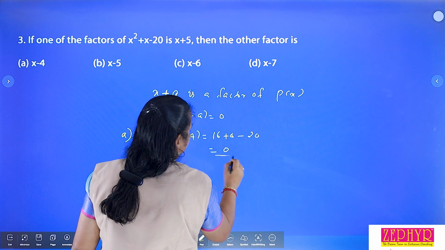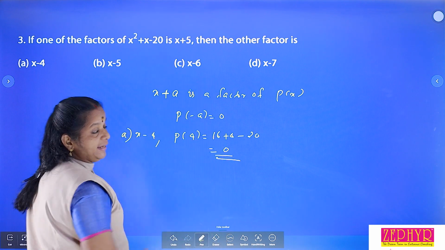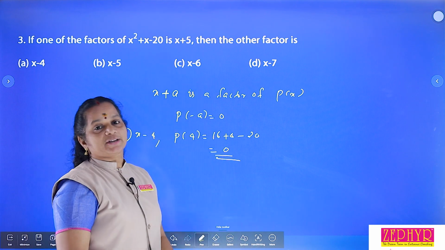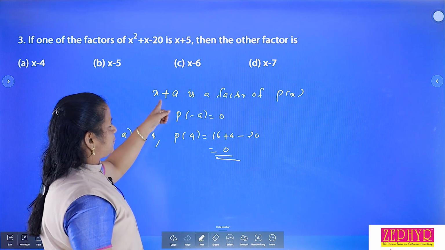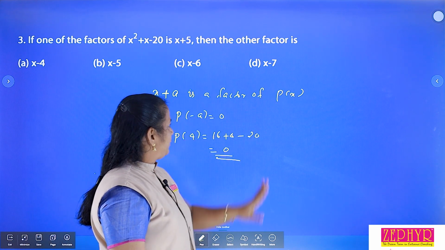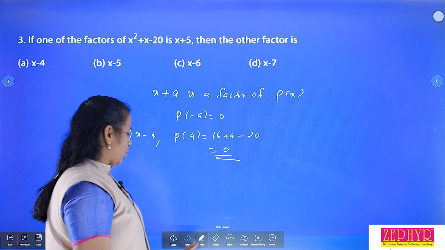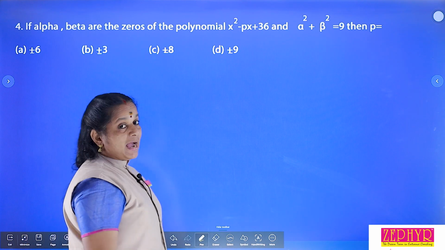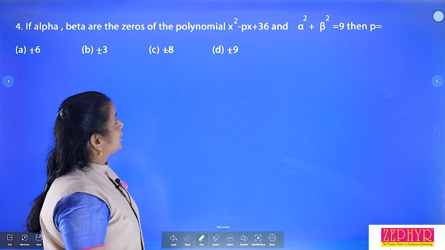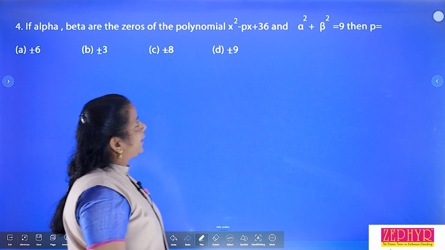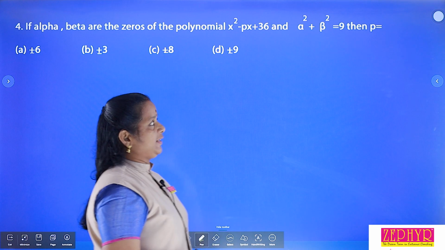So we get the answer equal to 0. So x minus 4 is the other factor of the polynomial, using the theorem that if x plus a is a factor of the polynomial p of x, then p of minus a is equal to 0.